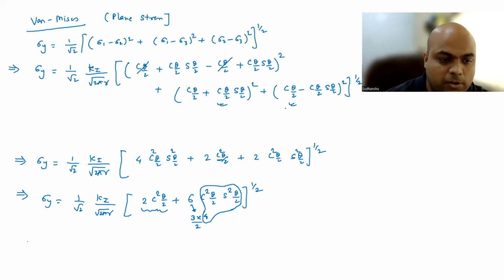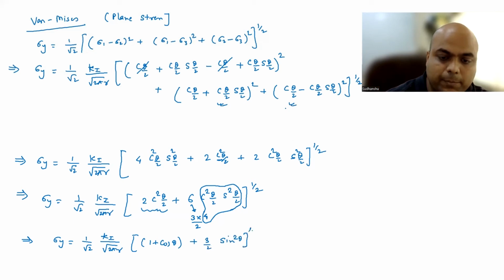Okay. So overall, if you solve, it is going to be sigma y by root 2, a1 divided by root 2 pi r, and this we can write as 1 plus cos theta plus 3 by 2 sine square theta to the power half.